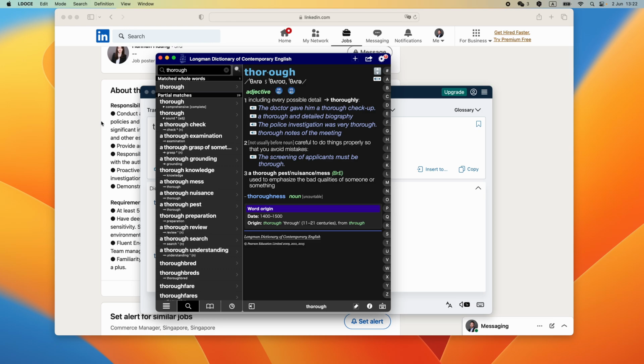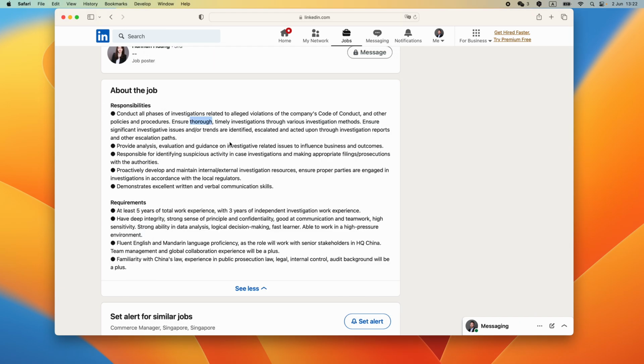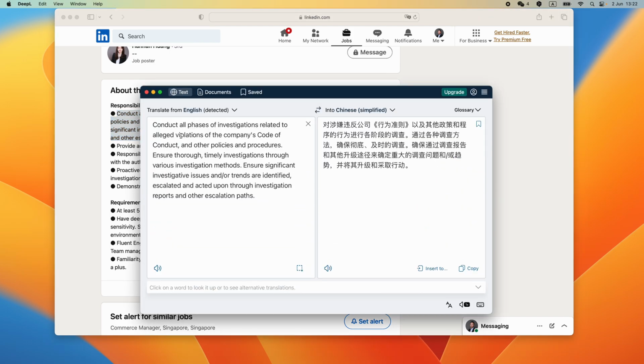Thorough, the emphasis is at the beginning. Ensure significant investigative issues and or trends are identified, escalated and acted upon through investigation reports and other escalation paths. Let's see all of these sentences translated to Chinese.